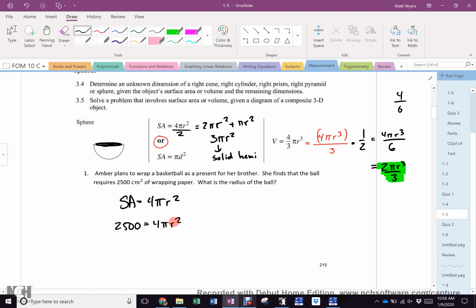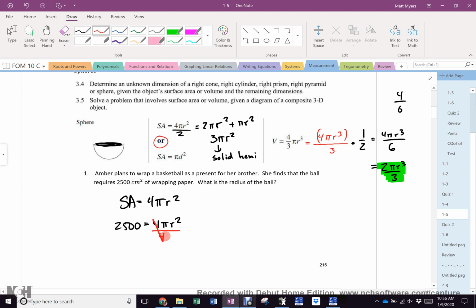Now, how will you tell me what r is? What do you have to do? Algebra. Isolate r. So, where do we start? How do I get to r? What do I got to fight my way through? I got to fight my way through 4 times r. So how do I get rid of 4 times? Okay, I've defeated 4.